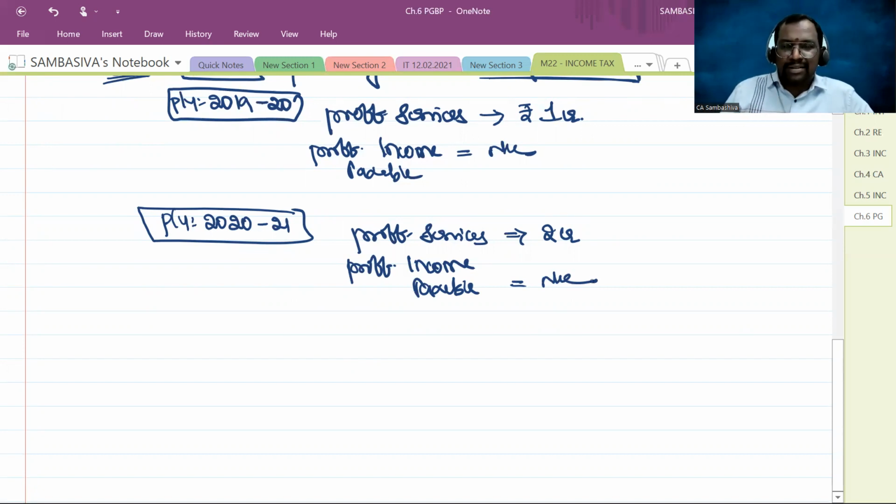Even if the department asks, the assessee will repeat the same story. Sir, I've asked many times, but my clients have not paid anything to me. I am following the receipt basis of accounting. My professional receipts are zero. So I'm not liable to pay any tax.